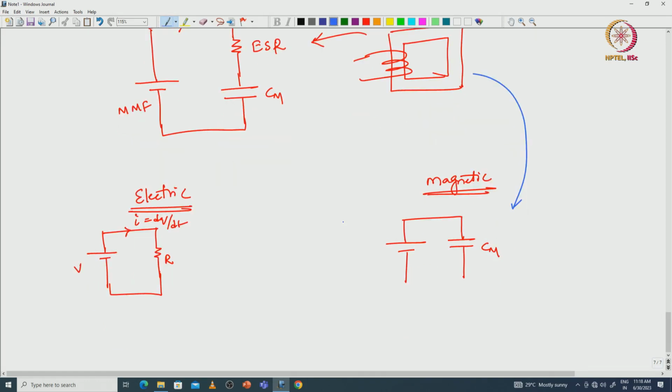Okay, I am neglecting the ESR. MMF, this is d phi by dt, Im is equal to.